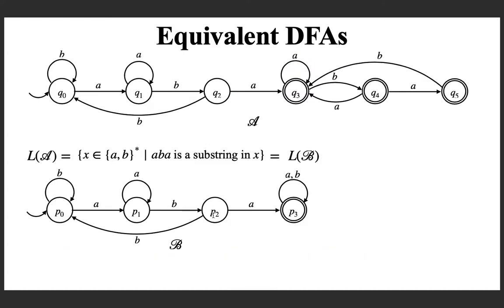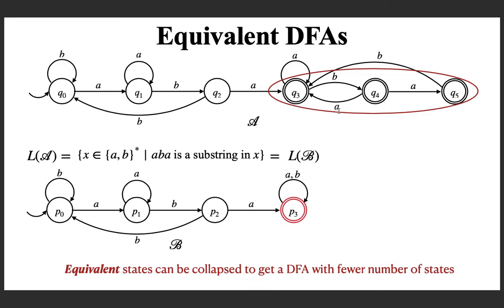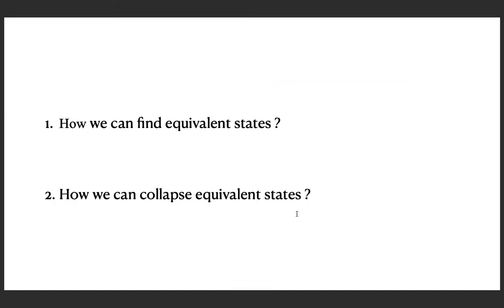This is the third example that we discussed. Here you have to find these three as equivalent and collapse them into a single state. So, we need to find how two states can be equivalent, and if two states are equivalent, how can you collapse them into a single state?